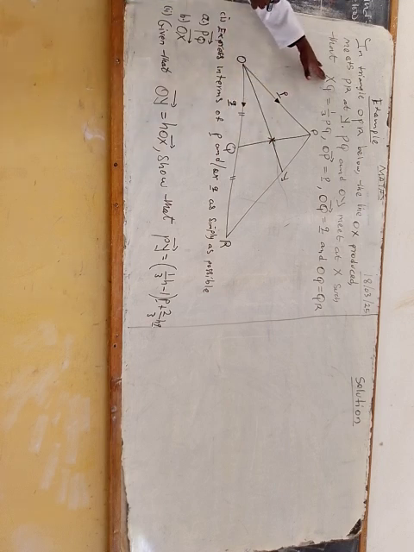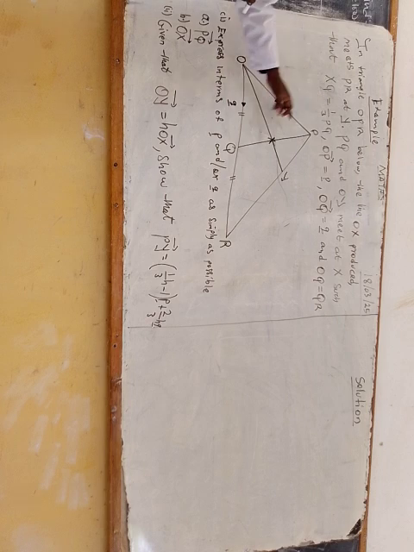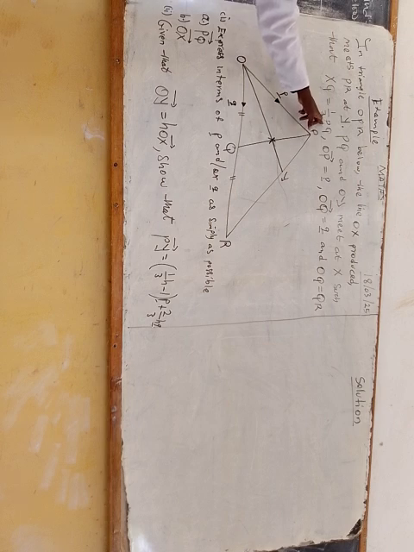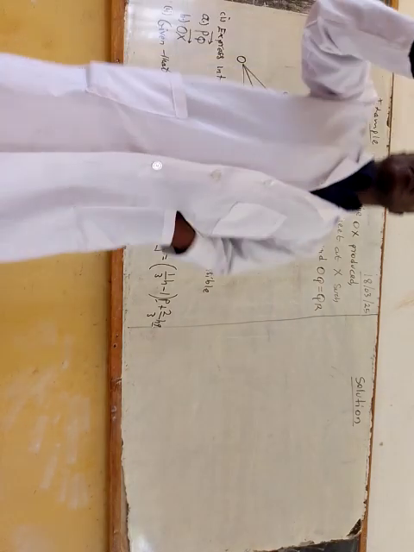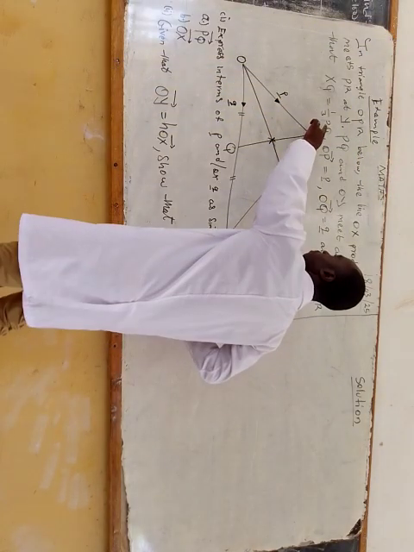Such that XQ is 1/3 of PQ. What does it mean? 1/3 of the vector PQ.